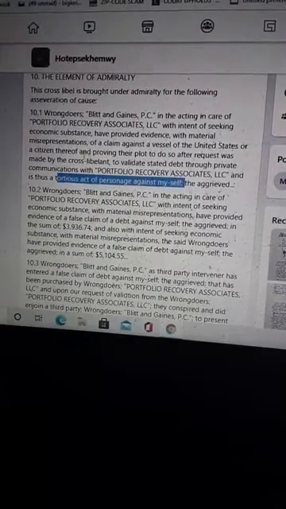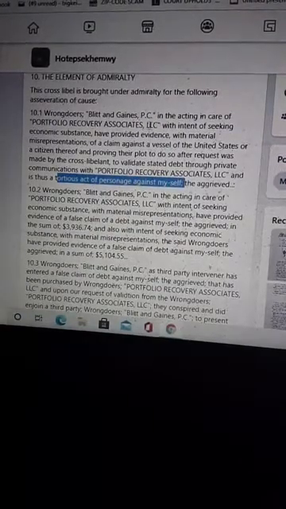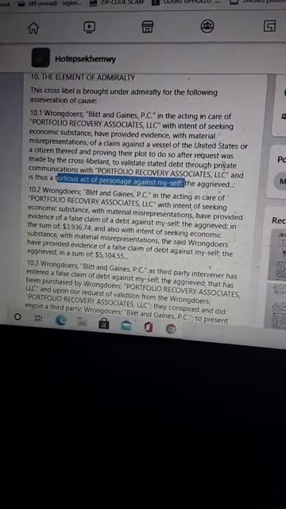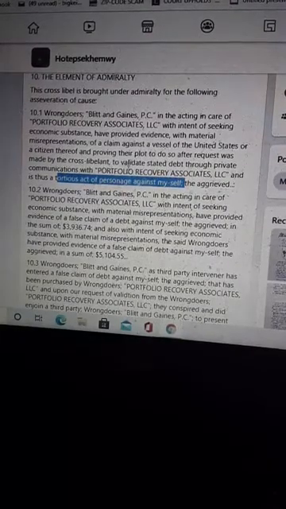These people brought, after we asked for Portfolio Recovery LLC to respond in private against their accusation of a claim of a debt, we asked them to provide private validation, and instead they went to a public forum.